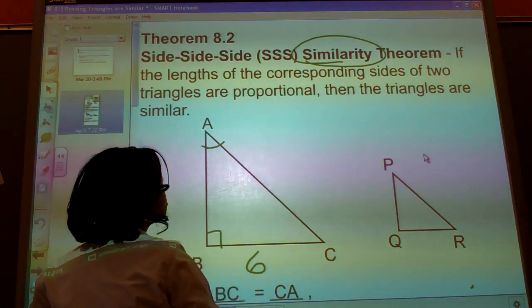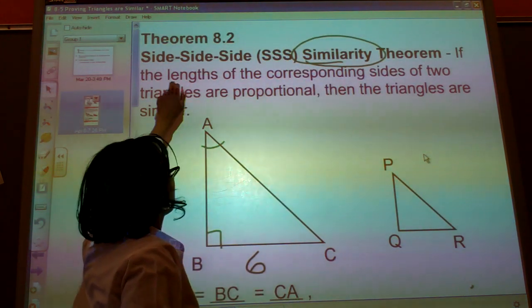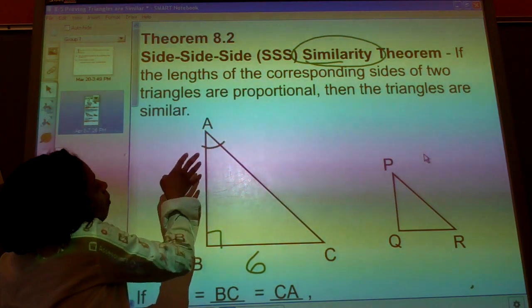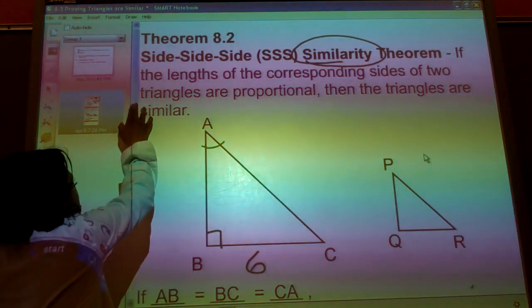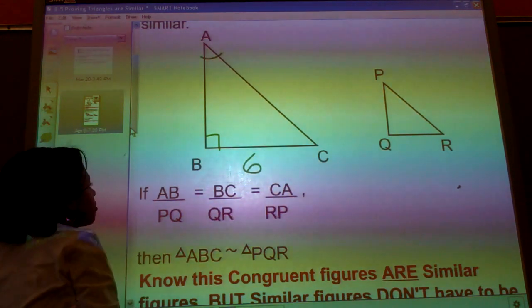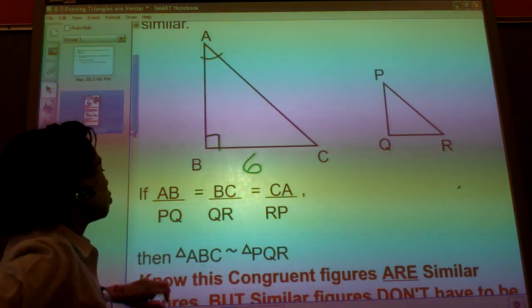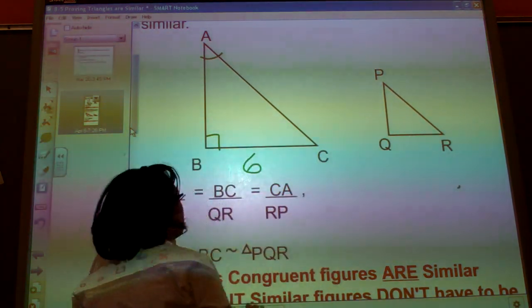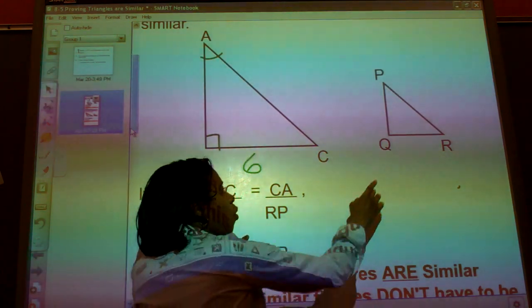And actually, before I move too far, if we're looking at the side similarity theorem, it means if two lengths of corresponding sides of a triangle are proportional, then the triangles are going to be similar. What does that mean? If AB is proportional to PQ, and at the same time BC is proportional to what?